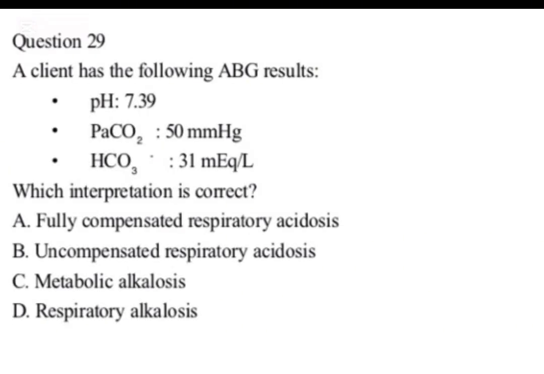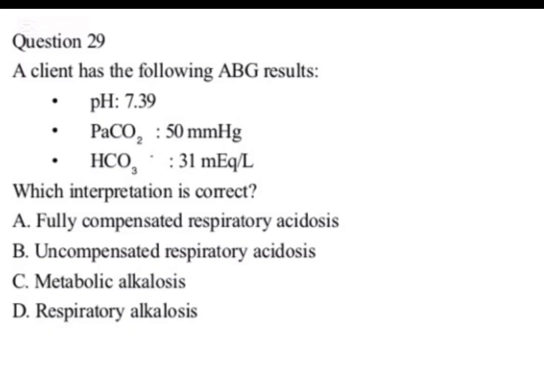Question 29. A client has the following ABG results. pH, 7.39. PaCO2, 50 mm of mercury. HCO3, 31 milliequivalent/L. Which interpretation is correct? A. Fully compensated respiratory acidosis. B. Uncompensated respiratory acidosis.